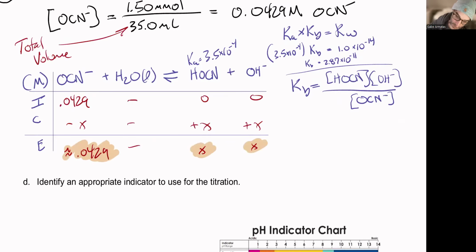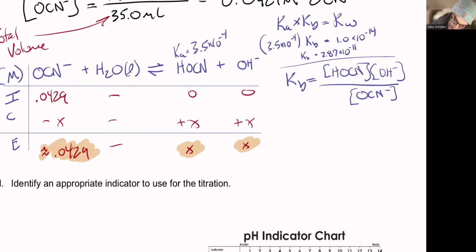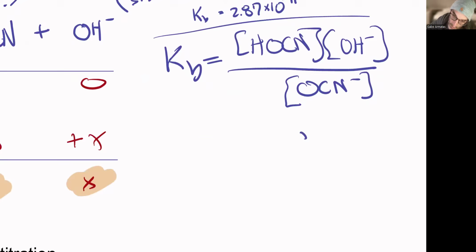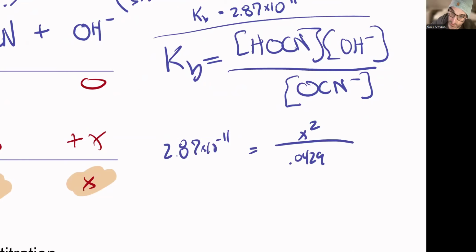Off we go. So this becomes X squared all over the initial concentration because we're assuming X is small, equal to Kb, which we just solved for, 2.87 times 10 to the negative 11th. Solve for X, which is 1.11 times 10 to the negative 6.